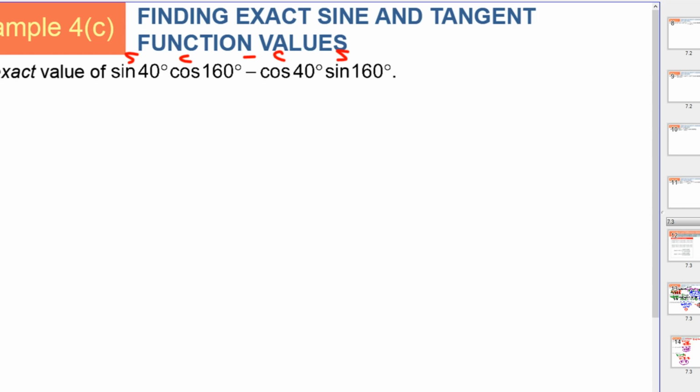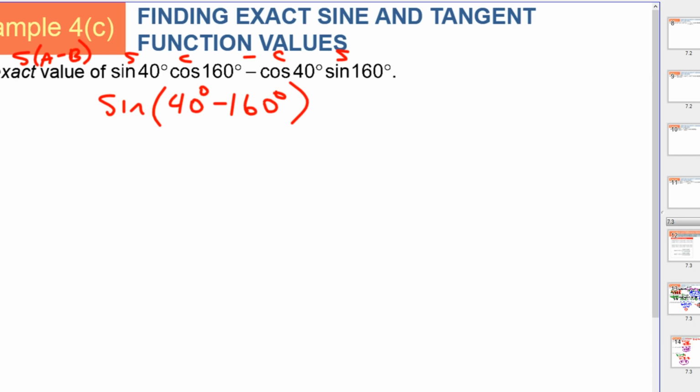That's going to be this one. So it's going to be a sine minus. So what we're going to do is subtract those two angles. That's a sine minus. That's the pattern.